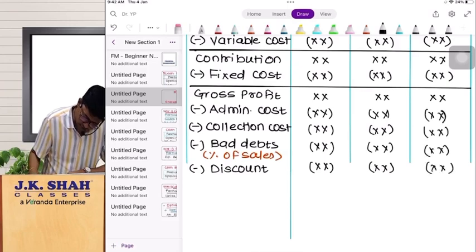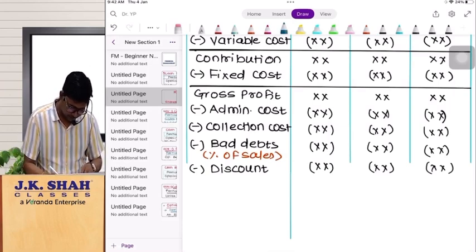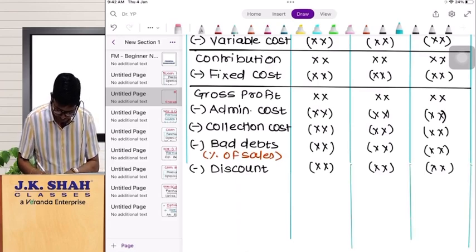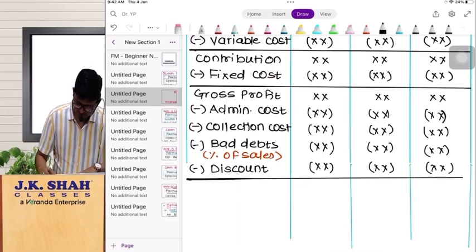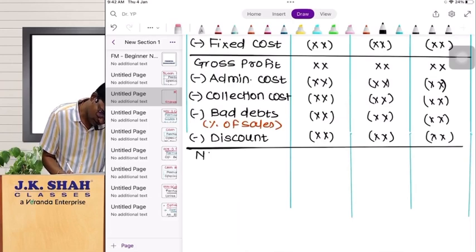When you deduct all these expenses from your gross profit, you are going to get net profit, but that will be considered as net profit before tax. NPBT. Valid shortcut you can use in exam. NPBT is also called PBT, EBT. Any term you can use in exam.